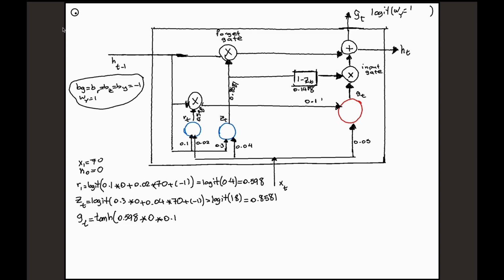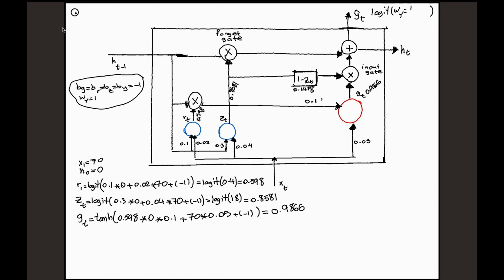As you can see, H was indirectly entered here. R is dictating how much of H enters G, plus 70 times 0.05. 0.05 was here. And again, the bias was -1. So that would give you 0.9866. So the G function is 0.9866 in this case.